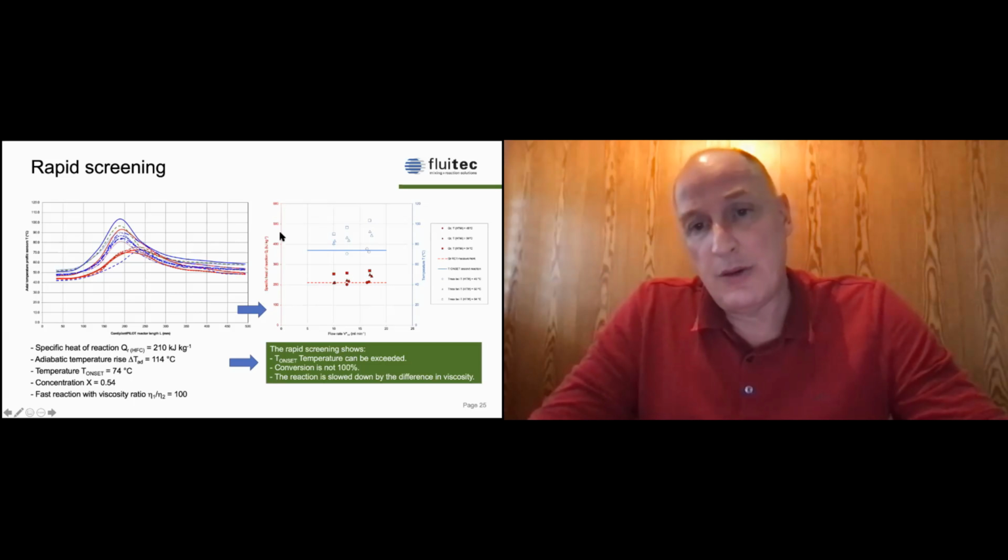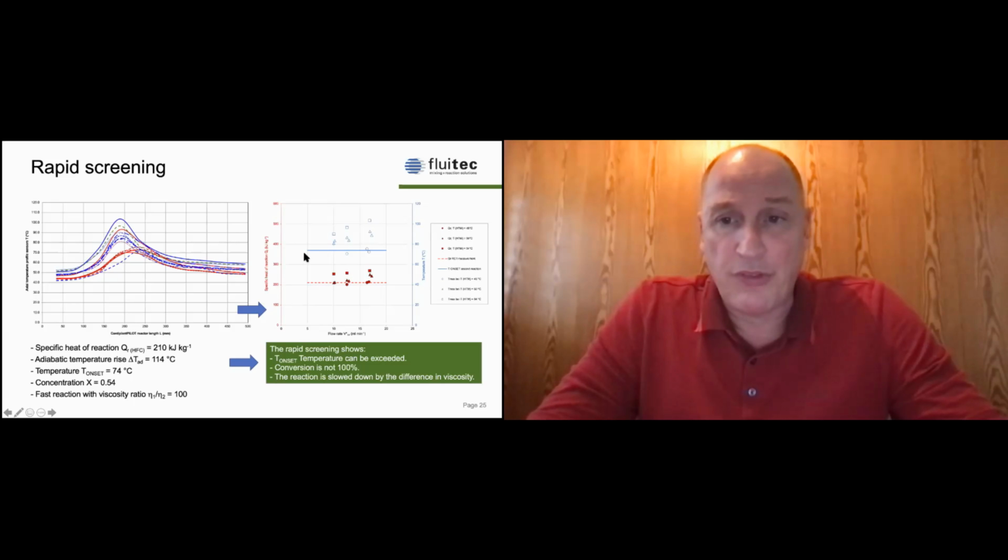After the screening, we analyze it. We have this diagram, and you can see here the red temperatures, the red points. This is the reaction control at low temperature, and then the decomposition here.